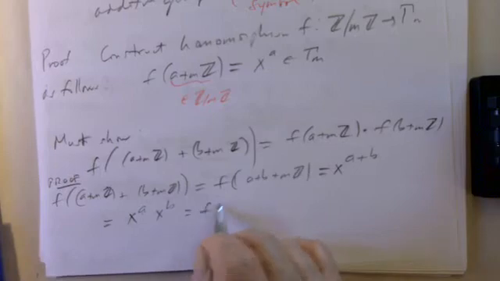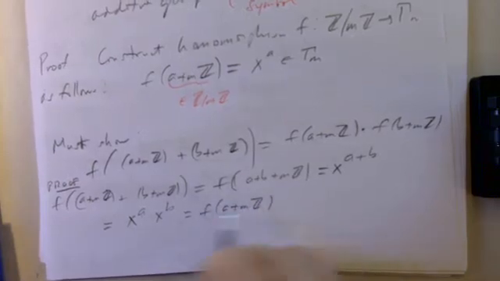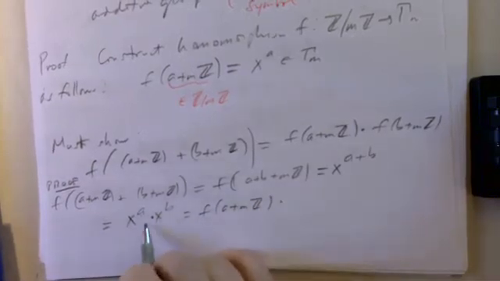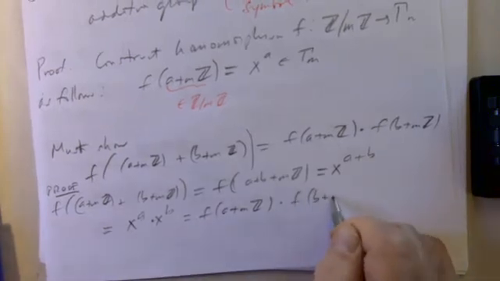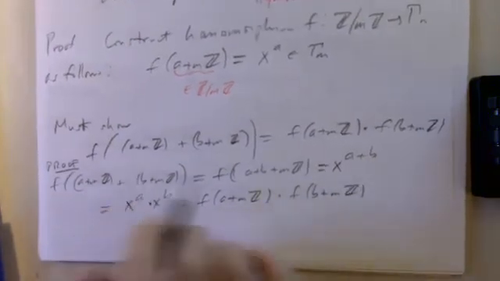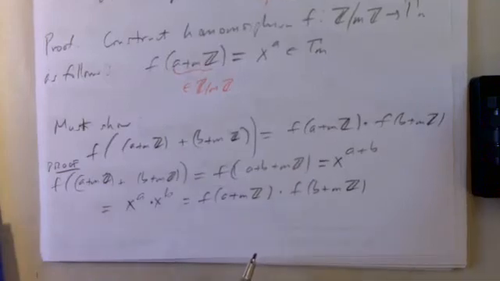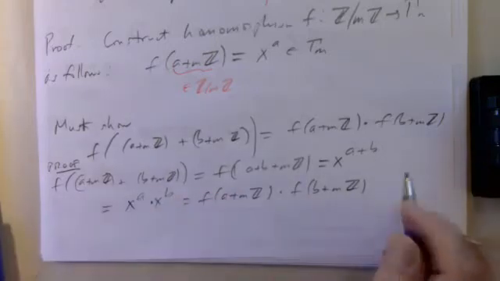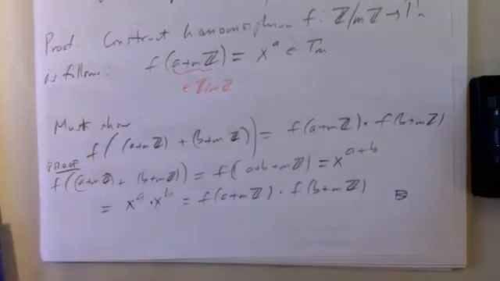And x to the a is f of a plus mZ times x to the b, which is f of b plus mZ. And that's exactly the property that I needed to show. So f is a homomorphism.